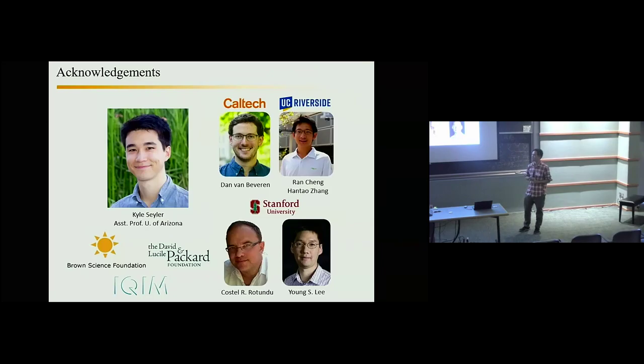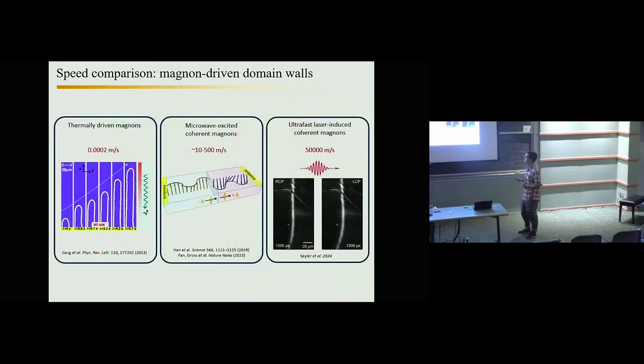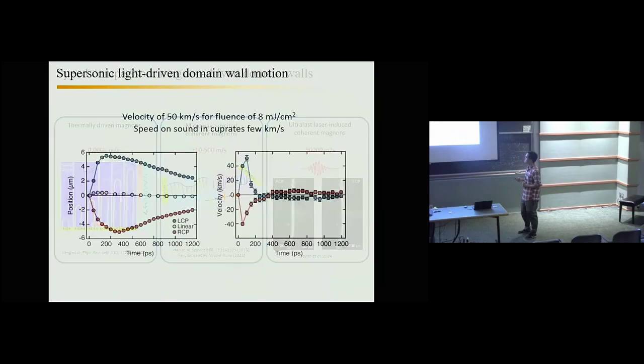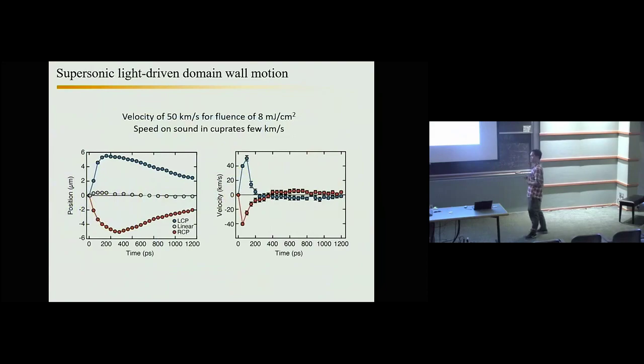I have a quick question. The fact that this is moving supersonically should also give rise to some sort of Cherenkov sound wave coming off. Did you ever see that? We've thought about that, but we haven't gone to the requisite speeds, where it's exceeding the magnon velocity.